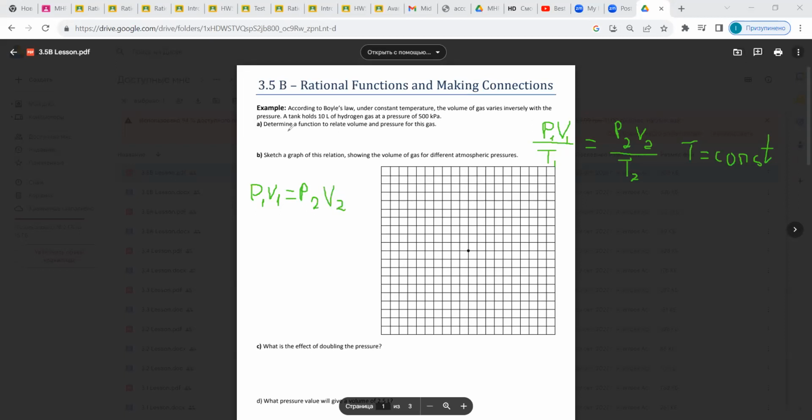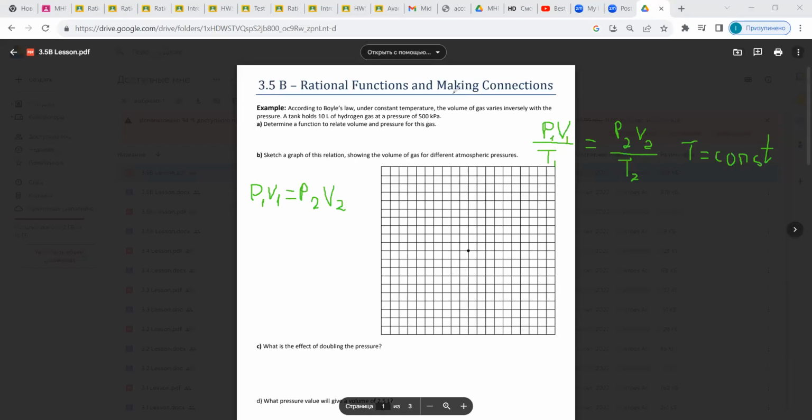Take notice that in this problem, we're not dealing with the temperature of the gas. We only said that we use Boyle's law, and the temperature is constant. So question A, determine the function to relate volume and pressure for this gas. We found it. Question B, sketch a graph of this relation showing the volume of gas for different atmospheric pressures.